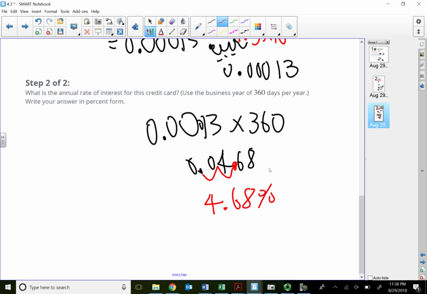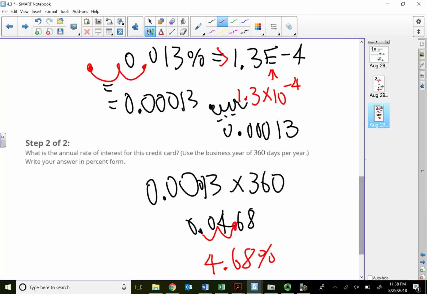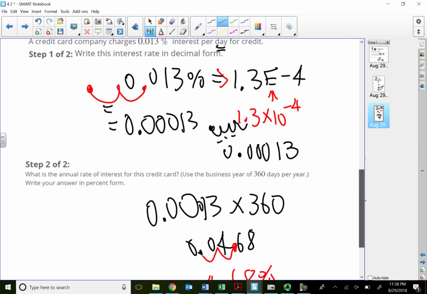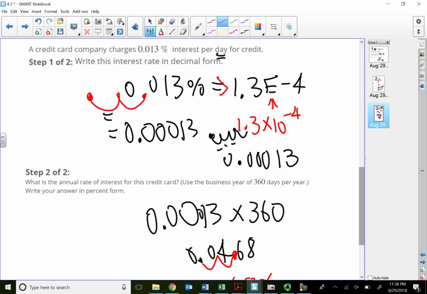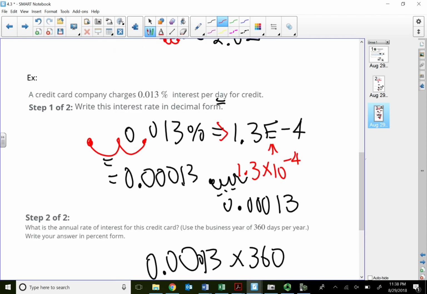So be very, very careful. I have seen students not quite understanding the difference between a percent and a decimal notation.